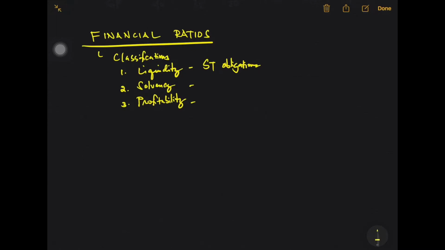For solvency, you are now dealing with long-term obligations. Okay, so if you are interested with the long-term obligations, go ahead and look at the company's solvency ratios. And for profitability, it's in the name itself actually. So if you want to learn more about the profitability of the company, the capability of the company to earn revenue, you refer to the profitability ratios.